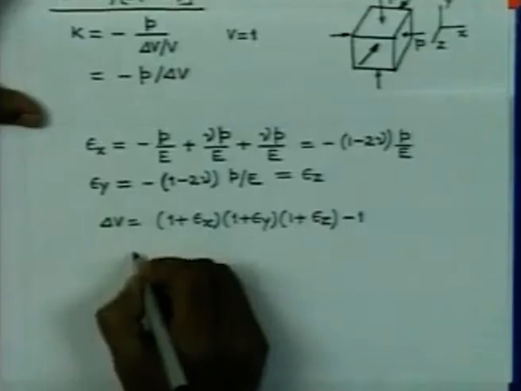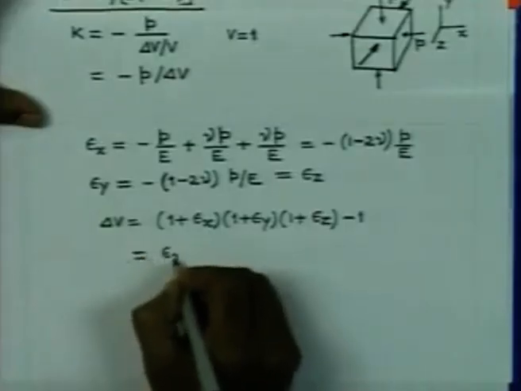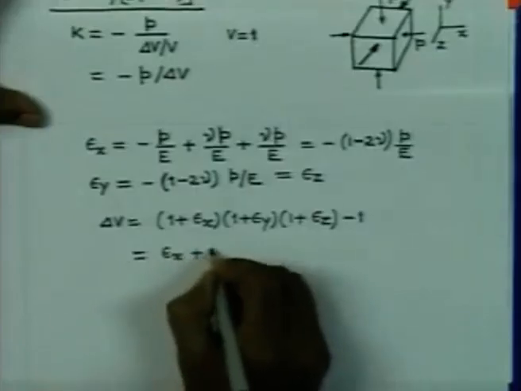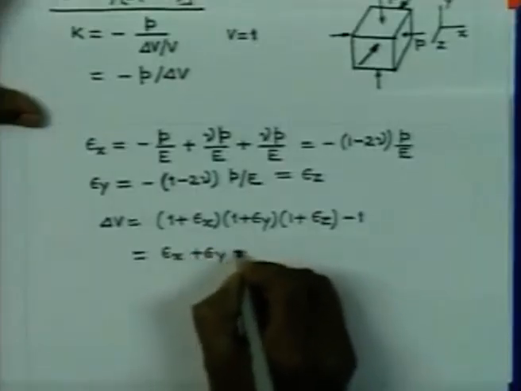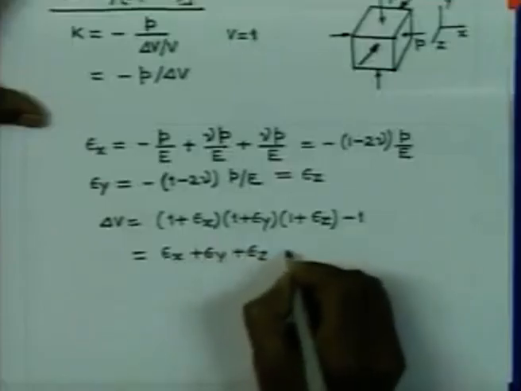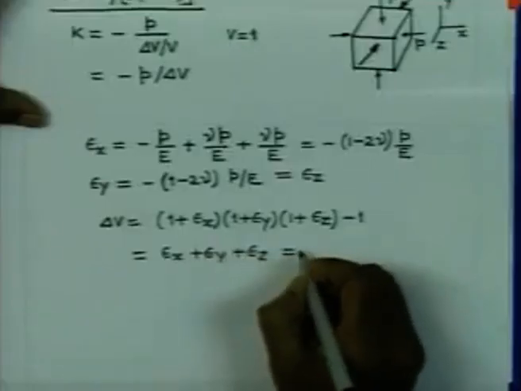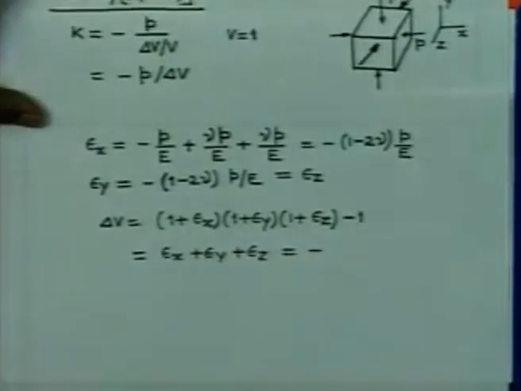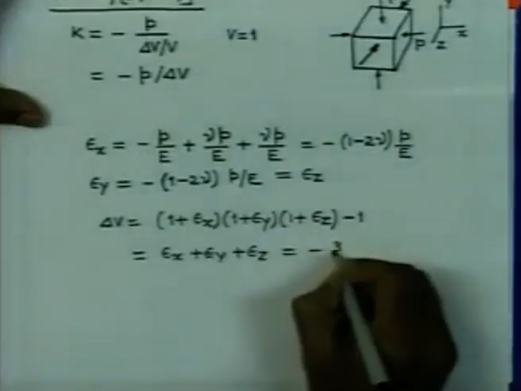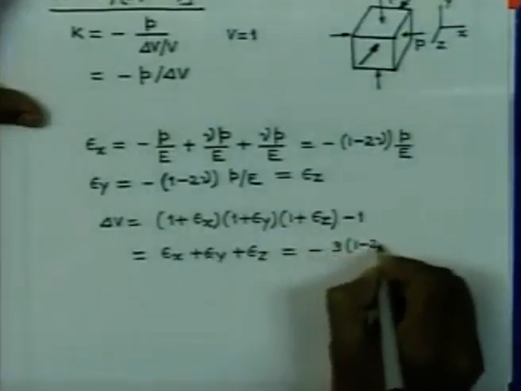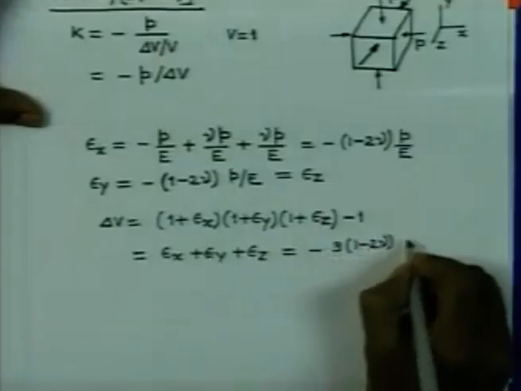Since the strains are of small order of magnitude, we can write this as epsilon x plus epsilon y plus epsilon z, and this is nothing but 3 times 1 minus 2 nu into P by E.